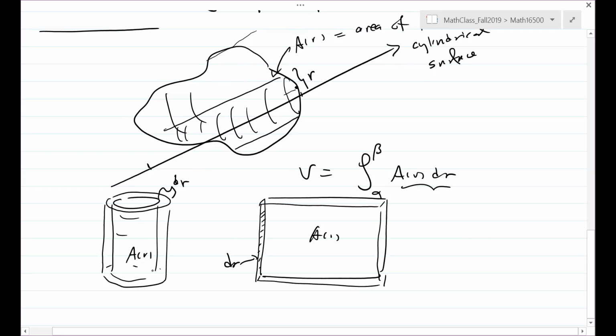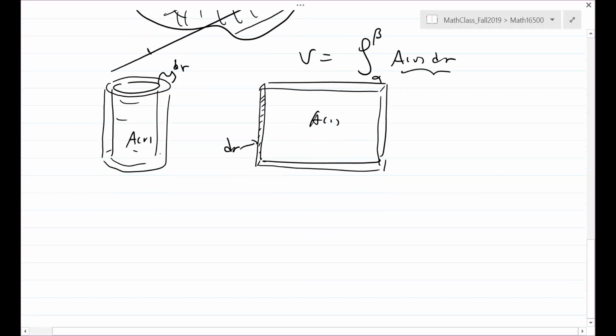The surface area times dr gives the volume. Now you have so many circular slices, and you add them together. It's the same idea. Instead of using a flat knife, we use a circular knife to cut the solid.